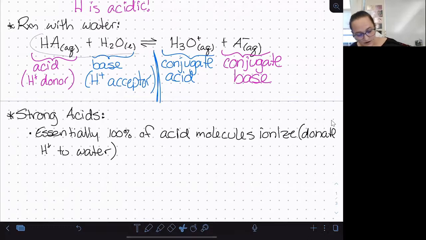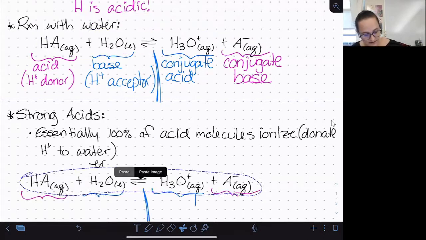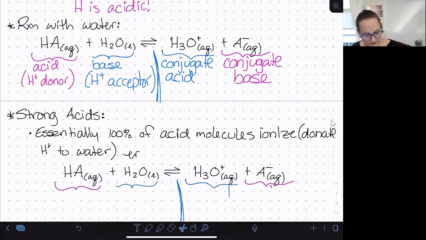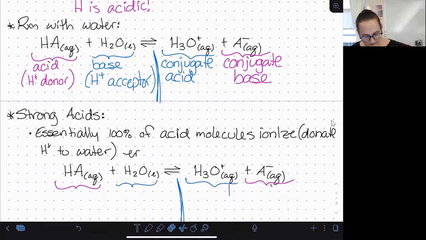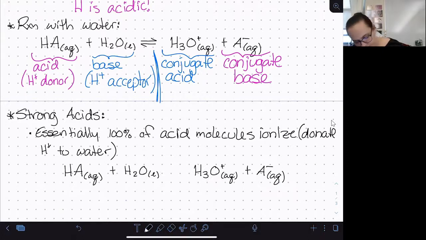So strong acids are doing exactly the same process here. But it's not really acting like a reversible reaction. It's pretty much going completely in the forward direction.